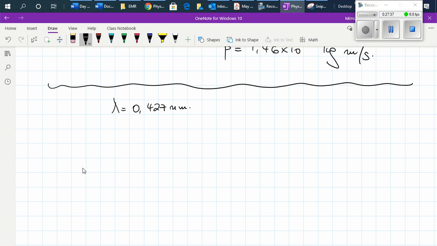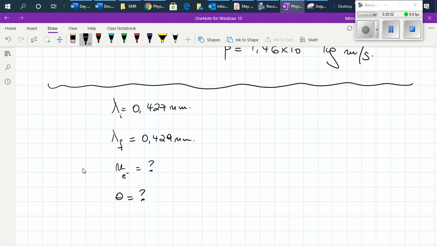The scattered X-ray, so this is initial, the scattered X-ray is 0.429 nanometers. What is the resulting speed of the electron? And what is the angle theta? So what is the speed of the electron and the angle theta scattered?